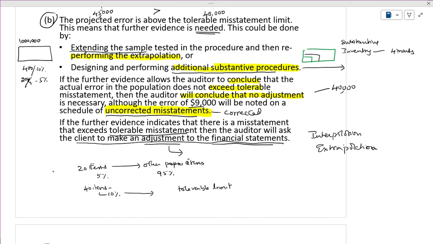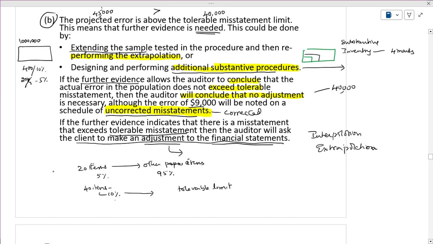If further evidence allows the auditor to conclude that the actual error in the population does not exceed tolerable misstatement, then the auditor will conclude.